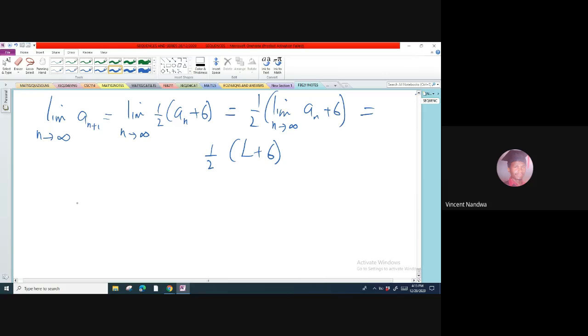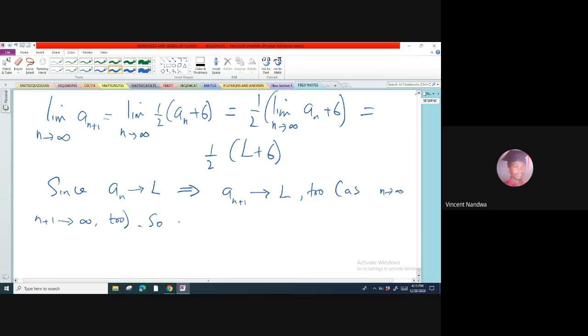Since an approaches L, this implies that an plus 1 approaches L too, as n approaches infinity, n plus 1 approaches infinity. That's why we are saying that this is the same as this.